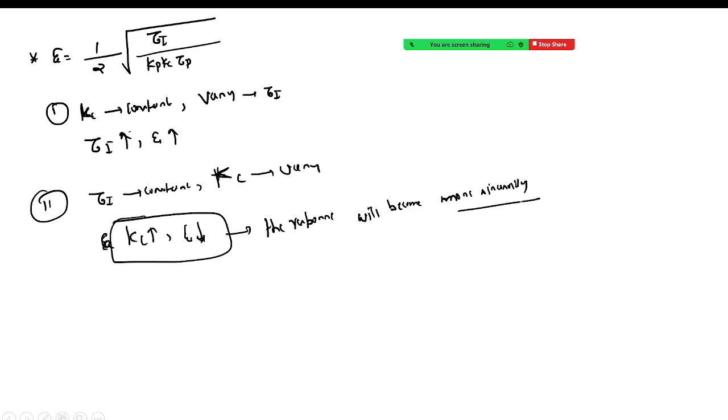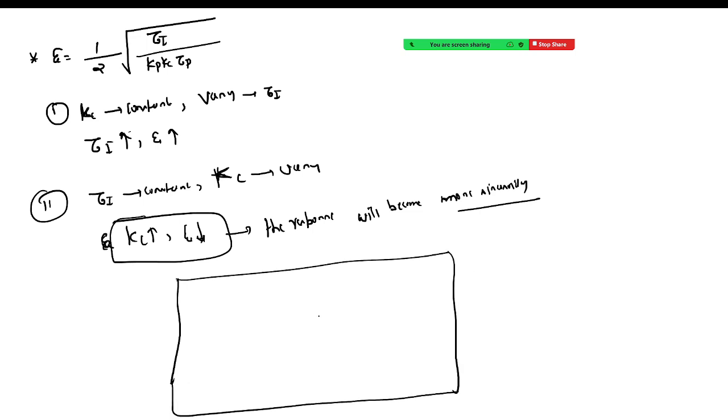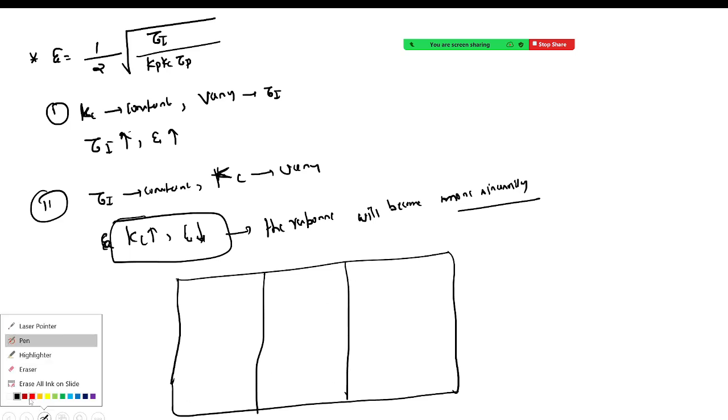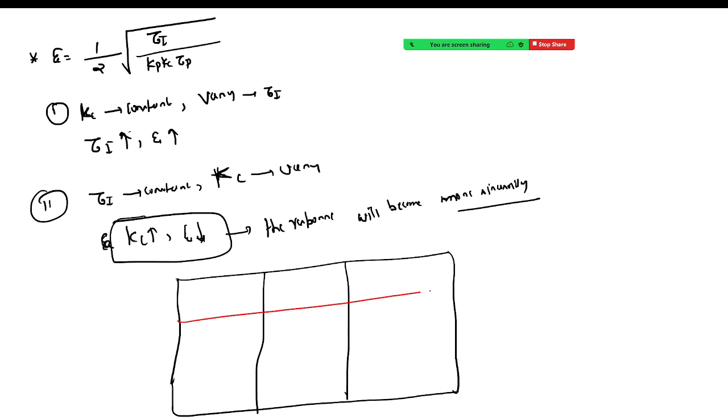So if zeta is decreasing, it means the response will become more sinusoidal kind of thing. So we have seen three things over here: one parameter is our zeta and one parameter is our tau dash, right?